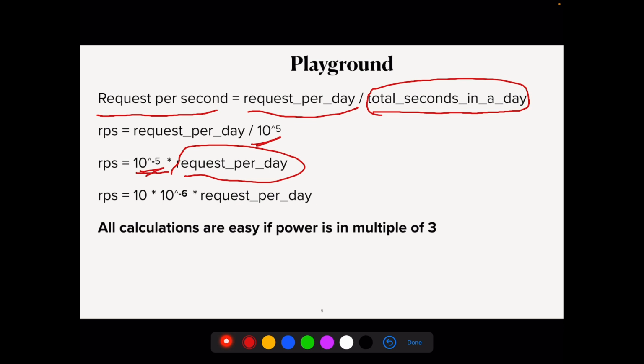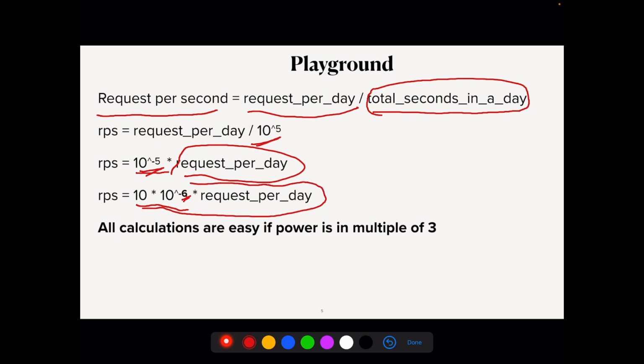And can I do one more representation of this previous expression? We will multiply this previous expression by 10 and decrement the power by 6, right? So 10 into 10 to the power minus 6 into the number of requests per day. This will become our base formula.